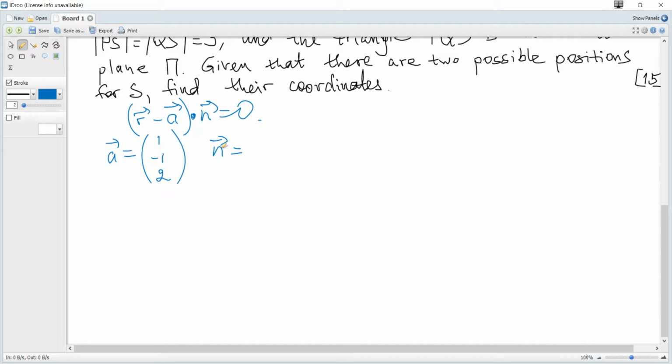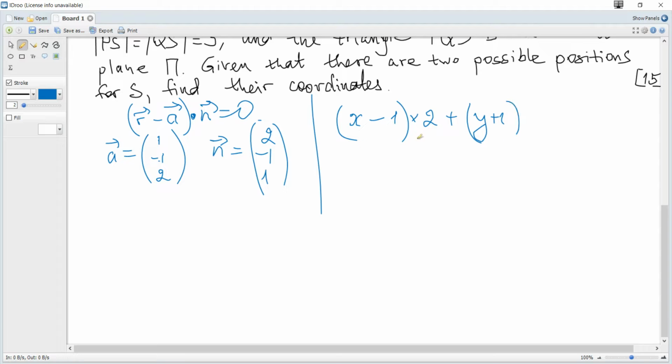2, negative 1, 1. Hence, this equation becomes x minus 1 multiplied by 2 plus y minus 1 multiplied by negative 1. We just use the formula for the dot product.